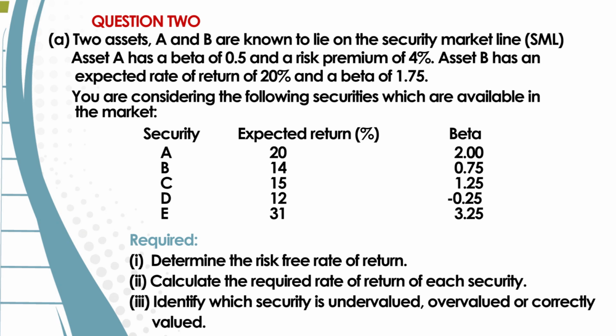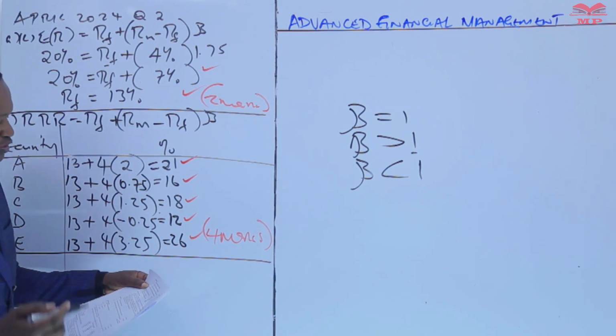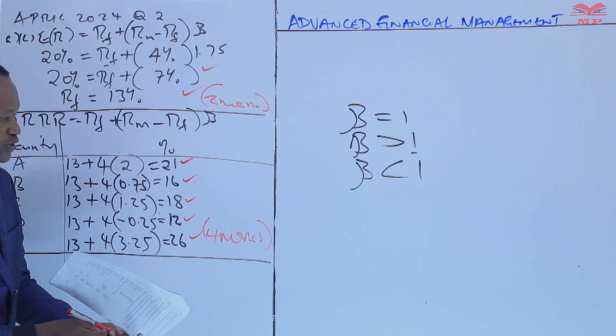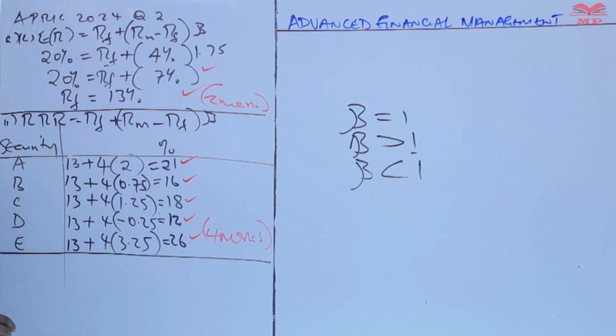Now to identify which security is undervalued, overvalued, or correctly valued, we are going to compare the required rate of return and the expected return. So we're going to have another table for this, which is 3. We have a table for security A, B, C, D, E.